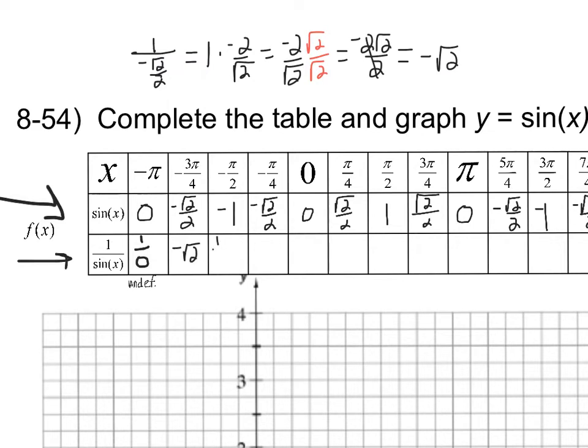Well, 1 over a negative 1 is just equal to a negative 1. Oh, another negative square root 2 over 2. So I could go through these steps again. Take 1 over negative square root 2 over 2, and we're going to get a negative root 2. 1 over 0. Again, that's undefined.